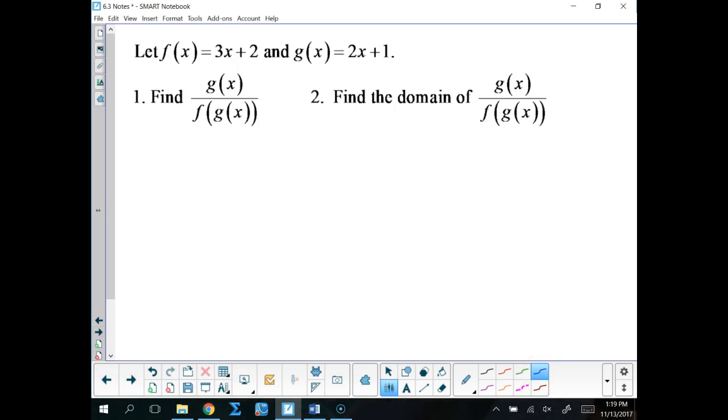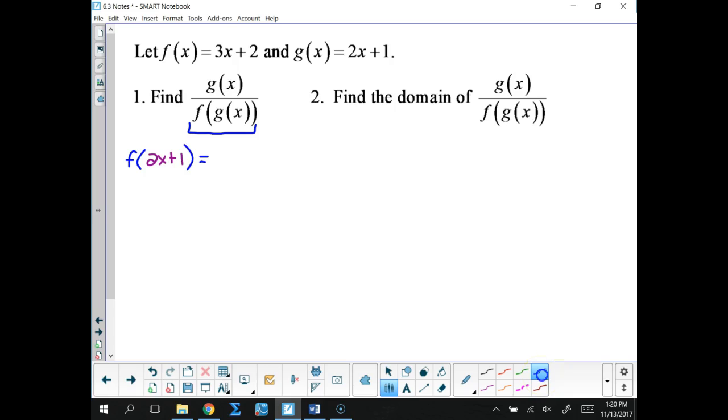So, g of x is g of x, but let's focus in here on this f of g of x part. So f of g of x would be f of 2x plus 1.